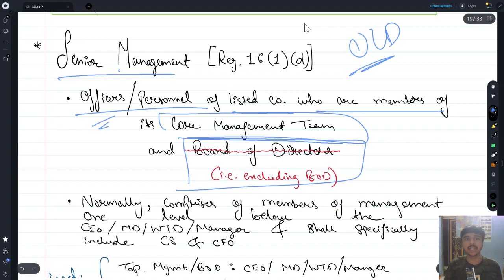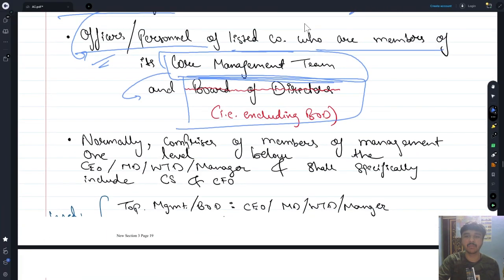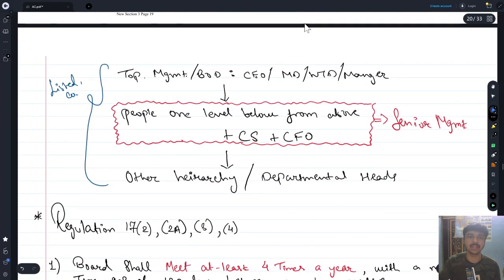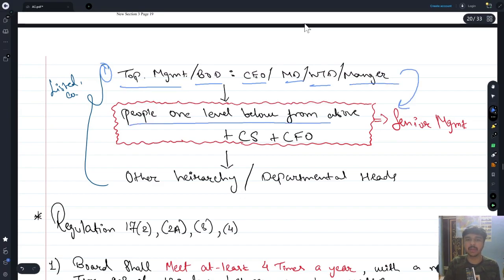So senior management is the officers or personnel who are part of the core management team and not part of the board of directors. Basically they comprise members of management one level below the CEO, MD, WTD, or in an easier way, like this. See, this is the top management hierarchy: the board of directors, that is the chief executive, MD, WTD, manager. Below them comes the senior management, people one level below.